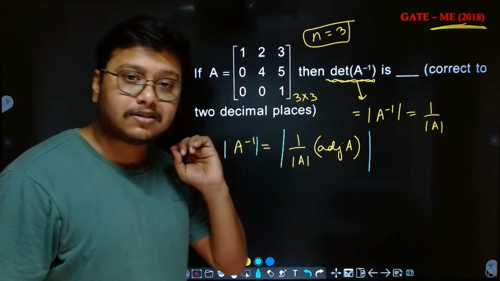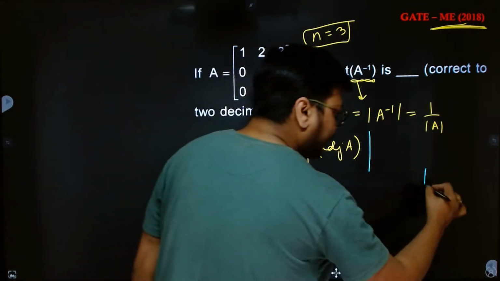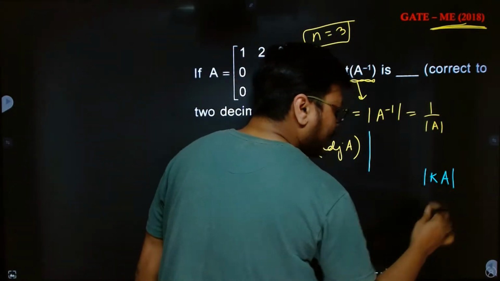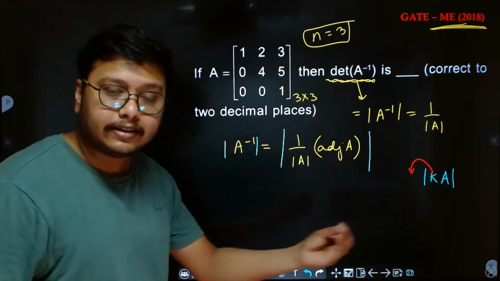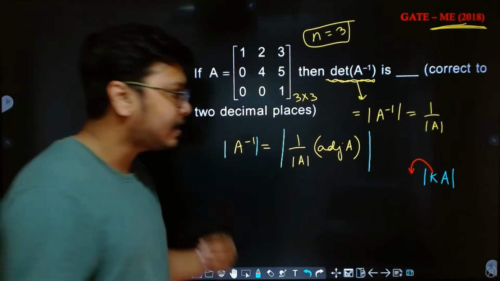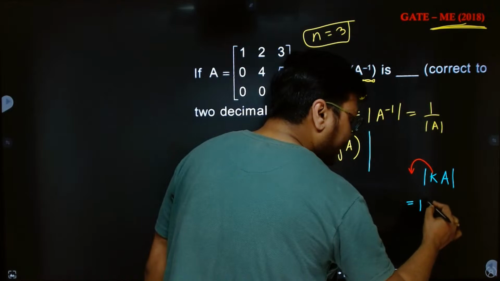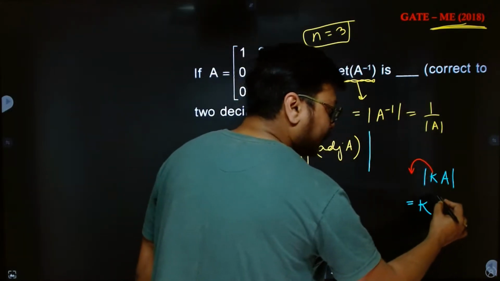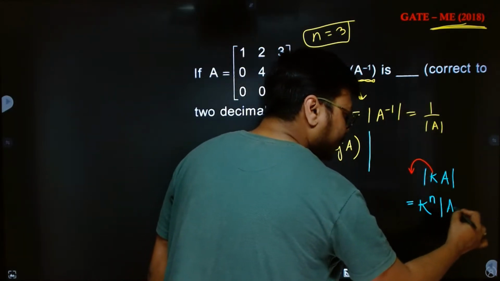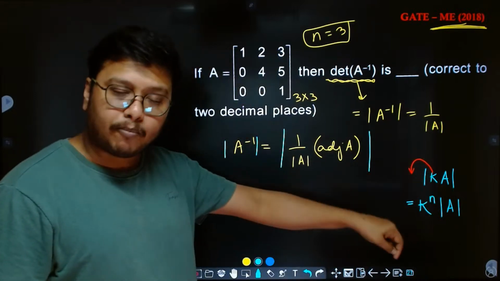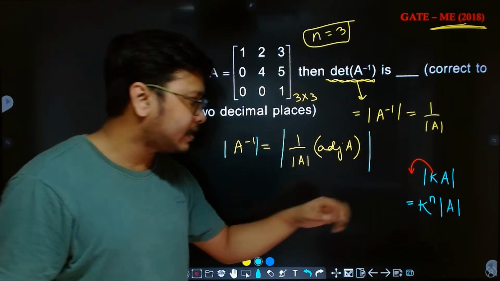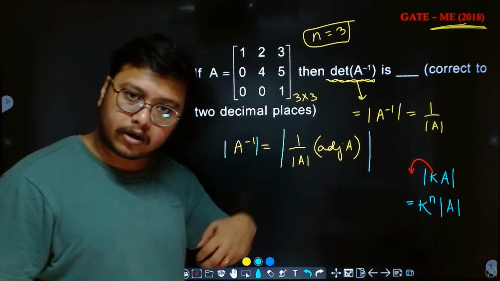Now remember one simple property. If I have the determinant of K times A, and I want to bring K outside the determinant, it comes out as K to the power of the order of the matrix, into determinant A. So if you bring out a constant common from a determinant, the constant to the power of the order comes out.